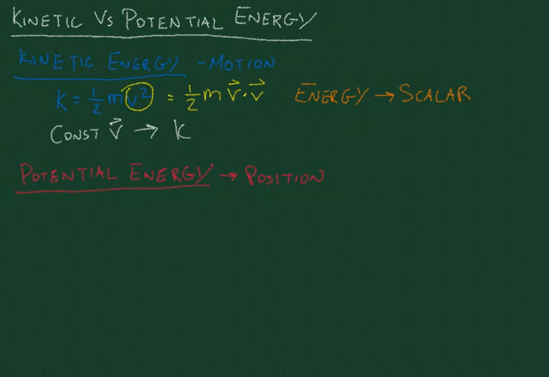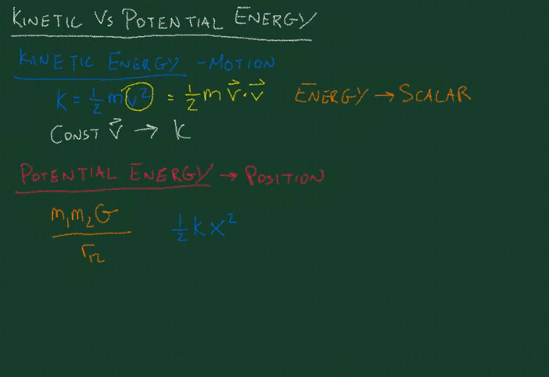So I think to understand potential energy, it's easiest to just look at some examples. So for example, gravitational potential energy is mass 1, mass 2, times some constant g that we'll discuss later, over the distance between them. You have the potential energy due to a spring, which is 1/2 a spring constant k that we'll talk about later, times its position squared.